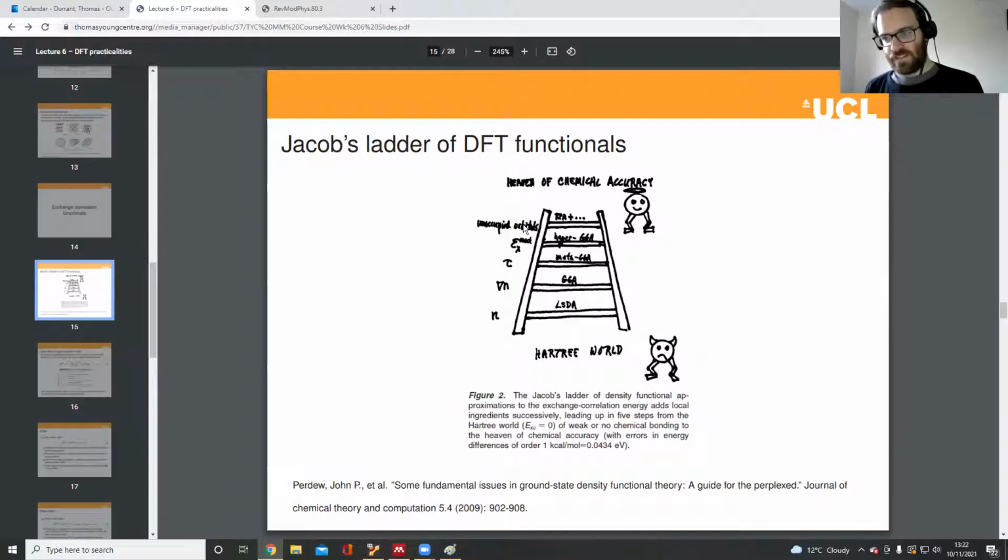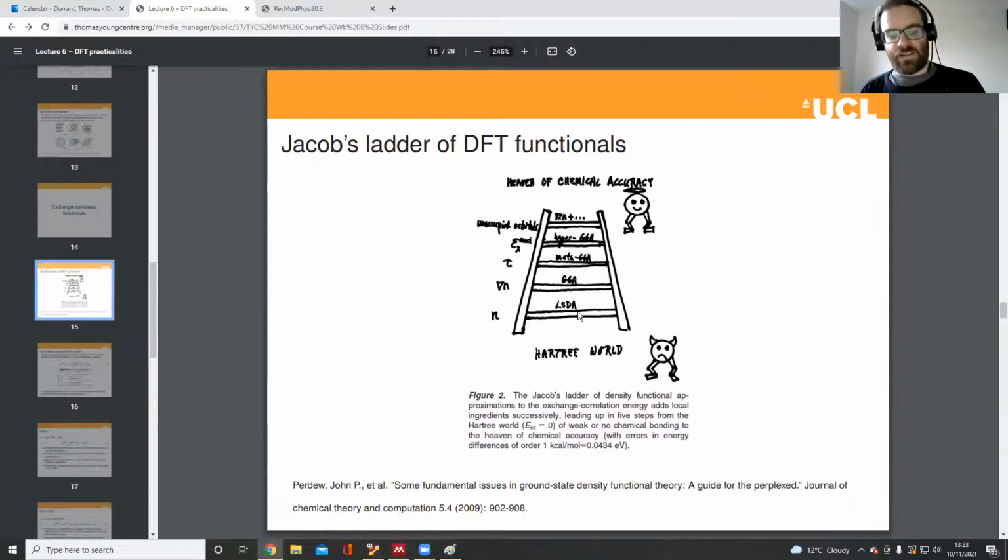The hope is that as we increase the computational cost we're willing to pay and the ingredients we fold in, we can reproduce the correct situation more accurately. But of course, it's always possible that when we make more complicated approximations, they work out worse in practice.